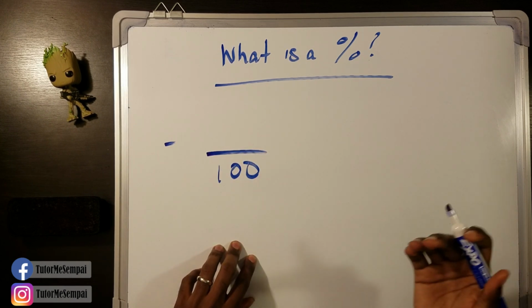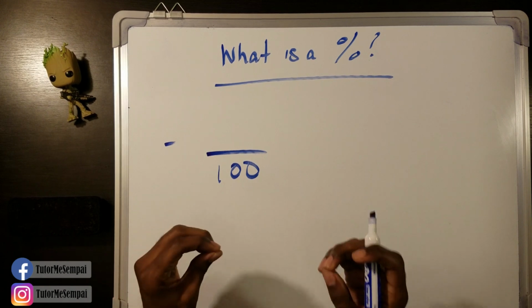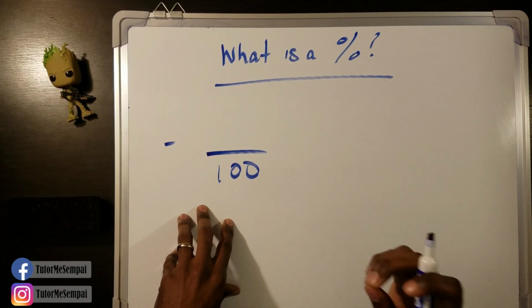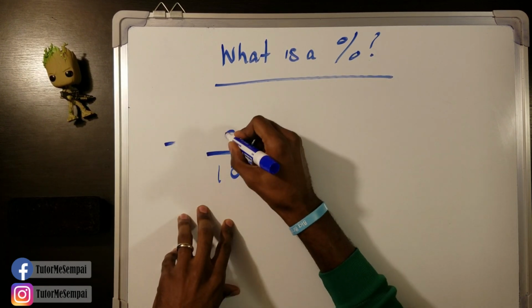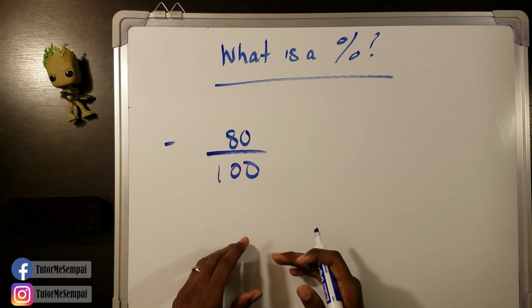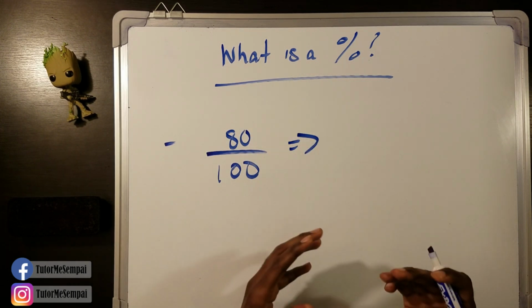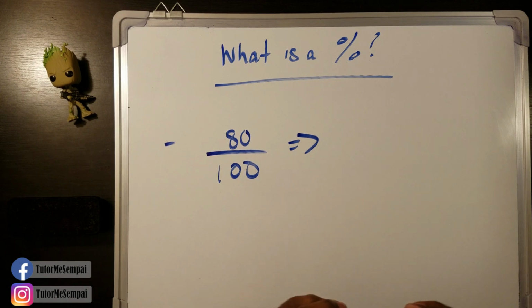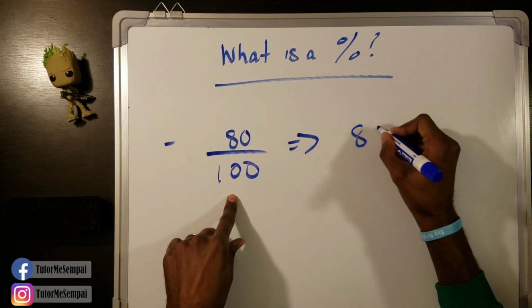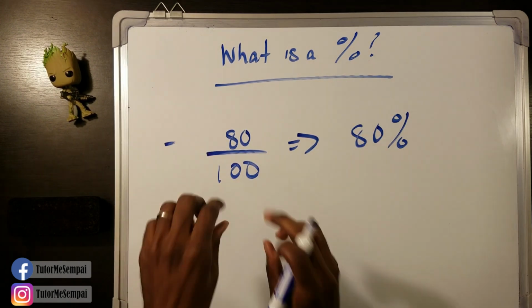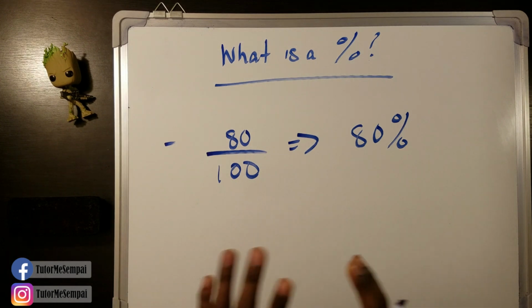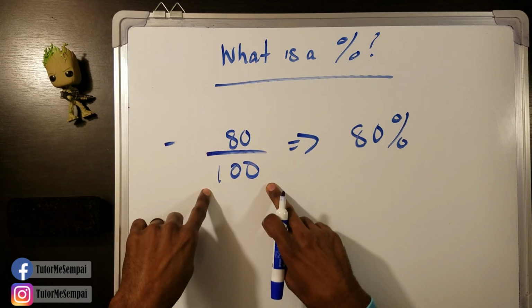The shortcut is really just anything over 100. So if you have a fraction where the denominator is 100, that is your shortcut for your percent. So let's say 80 over 100. This will be equivalent, it's the same thing, just in a different form, to 80%. Percent, per 100, or by the 100, right? 80 per 100.